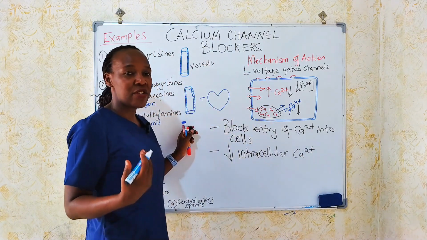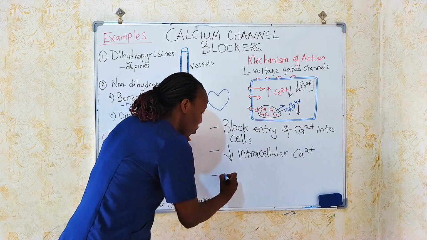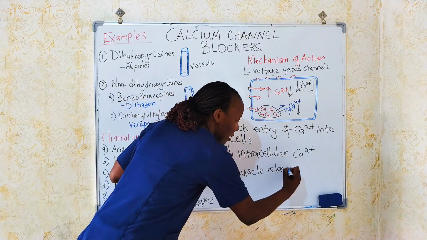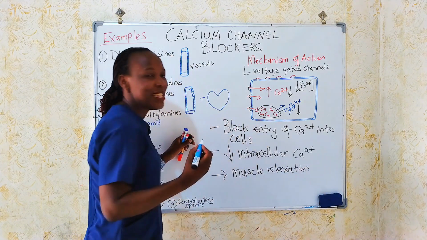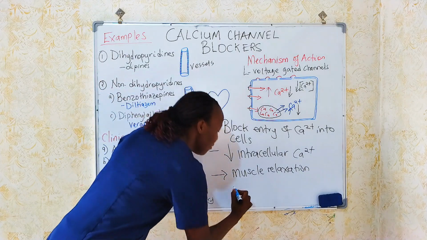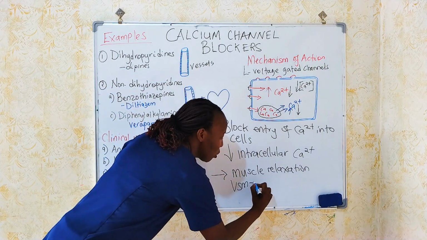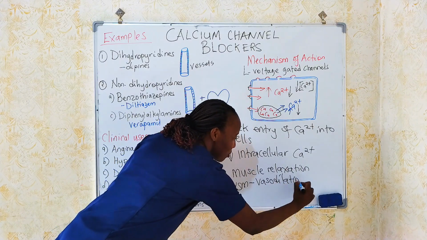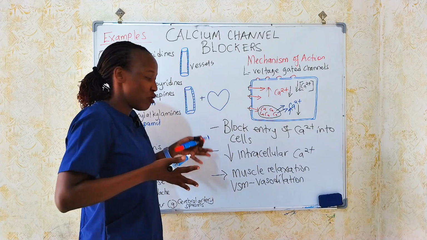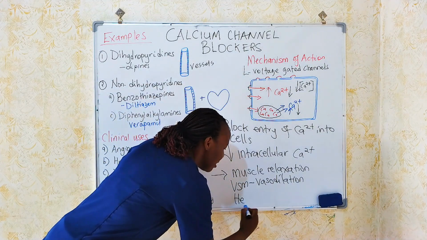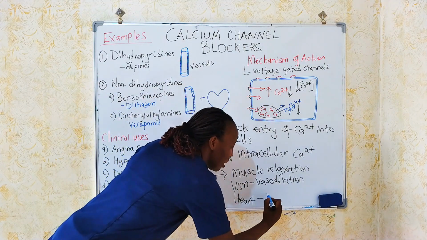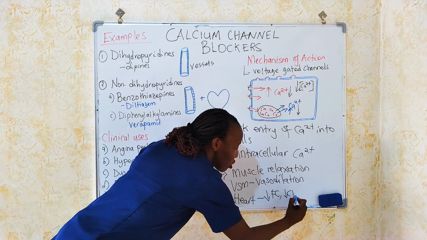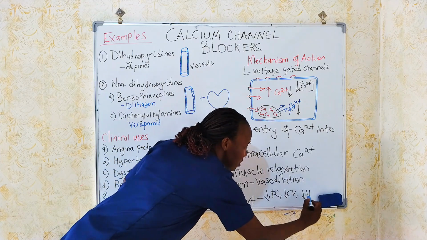So if we are having a reduction in intracellular calcium, we are going to end up with muscle relaxation. Now, depending on the kind of muscle, if it is vascular smooth muscle, we will end up with a vasodilation because we are going to relax those smooth muscles of the vessels and then they are going to dilate. And then if it is in the heart, we are going to end up with a reduced force of contraction, a reduced conduction velocity, and of course a reduced heart rate.